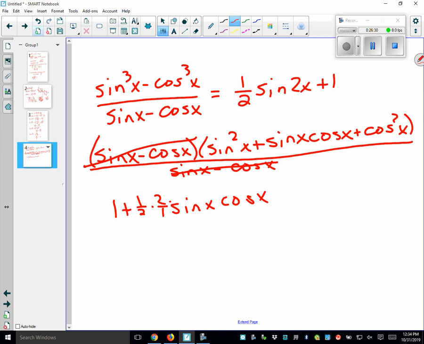So I'm allowed to do that. Plus 1 is 2. Isn't that what I need? How did that get rid of the cosine? Because this 2 sine x cosine x is sine 2x. So do I have 1 plus 1/2 sine 2x?